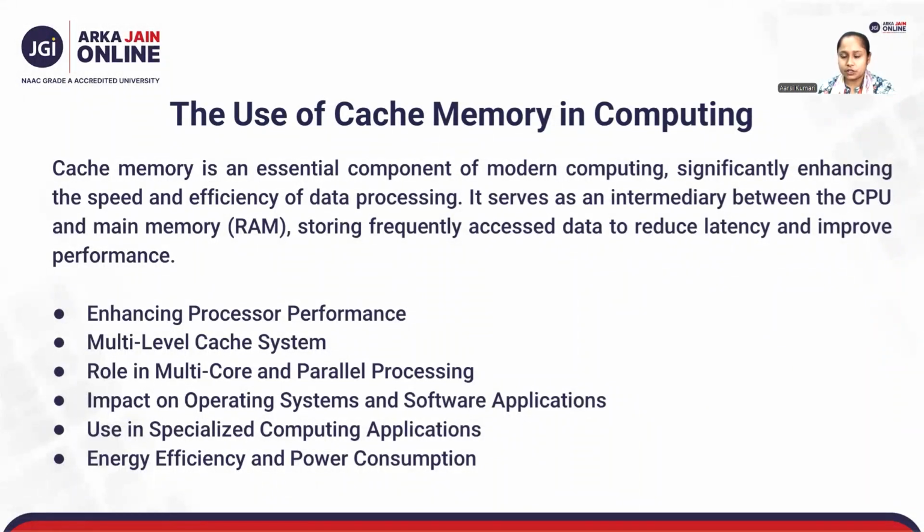Next we have the use of cache memory in computing. Cache memory is an essential component of modern computing, significantly enhancing the speed and efficiency of data processing. It serves as an intermediary between the CPU and main memory, that is RAM, storing frequently accessed data to reduce latency and improve performance.